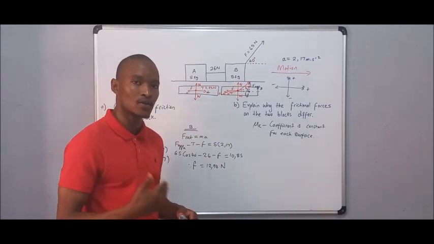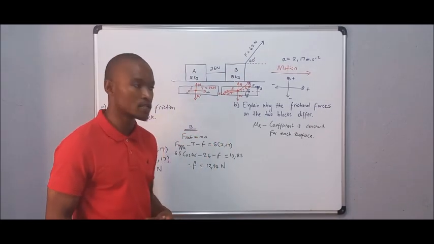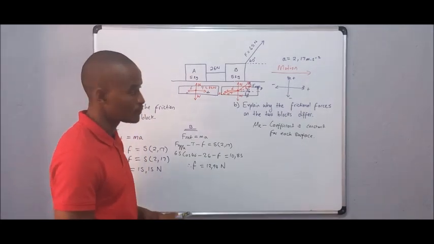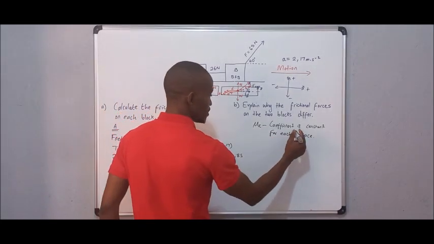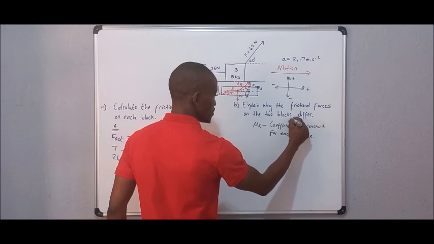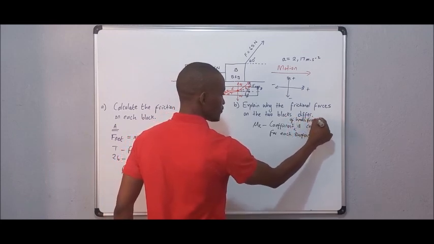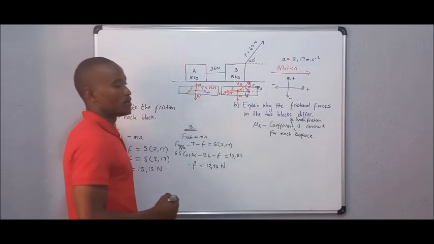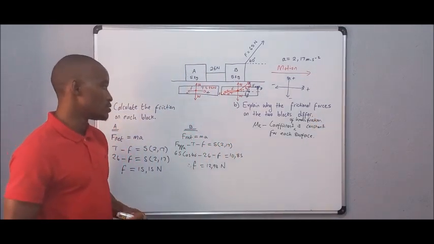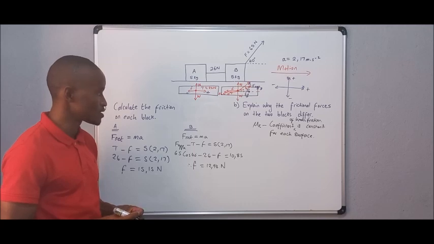Each surface will have its own coefficient of friction. So let me just add it here. Coefficient of kinetic friction is unique, or is constant, for a specific surface.